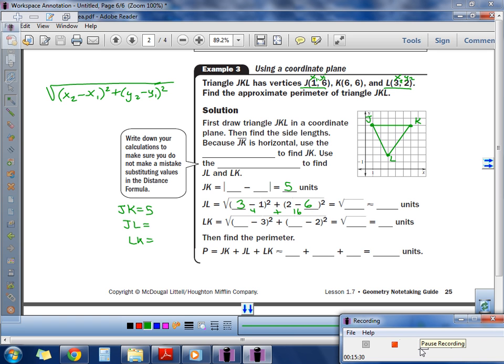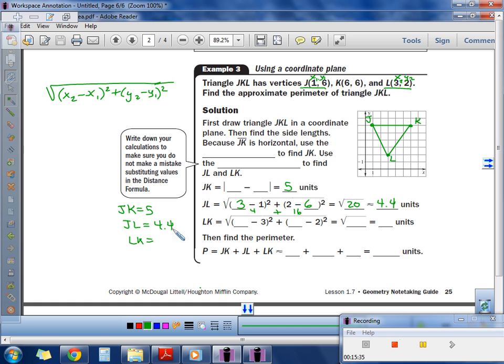So don't forget, 3 minus 1 is 2, and 2 squared is 4. Over here, 2 minus 6 is negative 4. Negative 4 squared is 16, and 4 plus 16 is 20. When you type in square root of 20, what approximate answer do you get? 4.4 units. So I know another piece now.